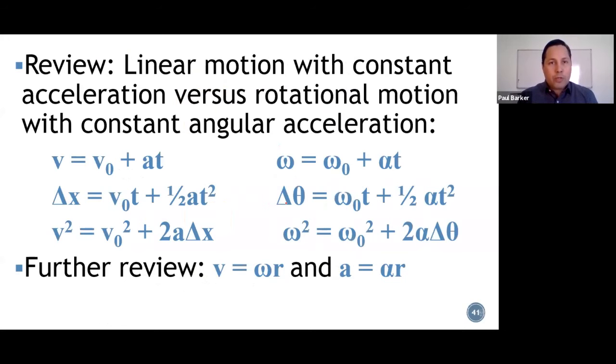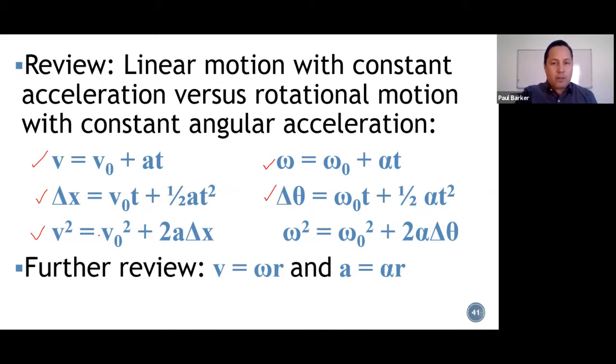Also worth reviewing, there is a relationship between linear motion and the motion of a rotating object. You can see right here, the first formula for velocity and the one for angular velocity are more or less the same, except that velocity is replaced with angular velocity and acceleration is replaced with angular acceleration. The same goes for displacement and angular displacement.